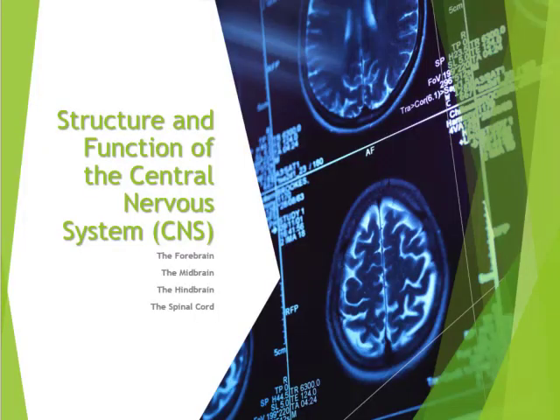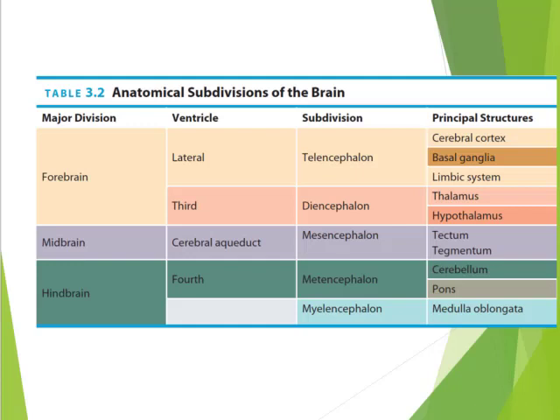But for now, focusing on structure and function of the forebrain, the midbrain, the hindbrain, and the spinal cord, it's important to note that I recognize these terms are really confusing. They are foreign terms and they seem to lack meaning. Cerebral cortex probably is readily apparent to you, but this other stuff about forebrain, midbrain, hindbrain, never mind telencephalon, diencephalon, and so on.